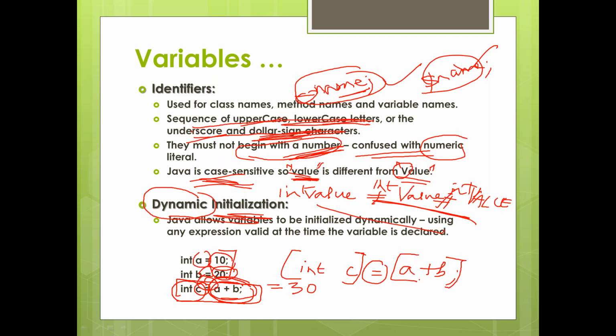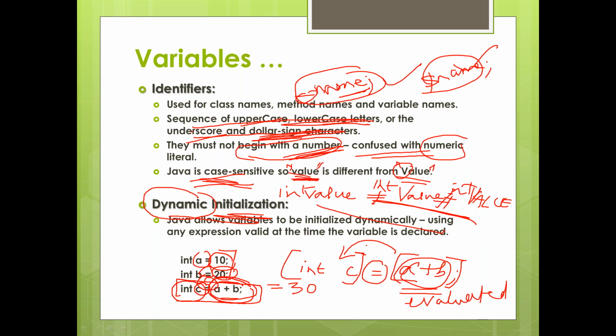Whenever there is an assignment, the right hand side is evaluated first, and then the value of this expression is assigned to this particular variable. It is applicable to everything, I mean user defined data types, whatever it is.